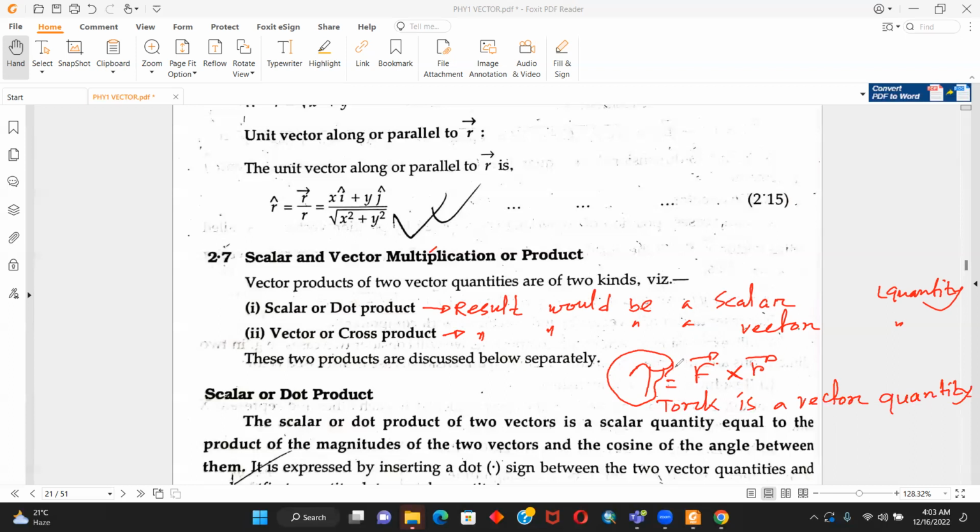That means it will have both direction and value. And in case of work, which equals F vector dot s vector, that means the dot product of force and the displacement vectors, the resultant will have only value and no direction. Or the direction is not meaningful.